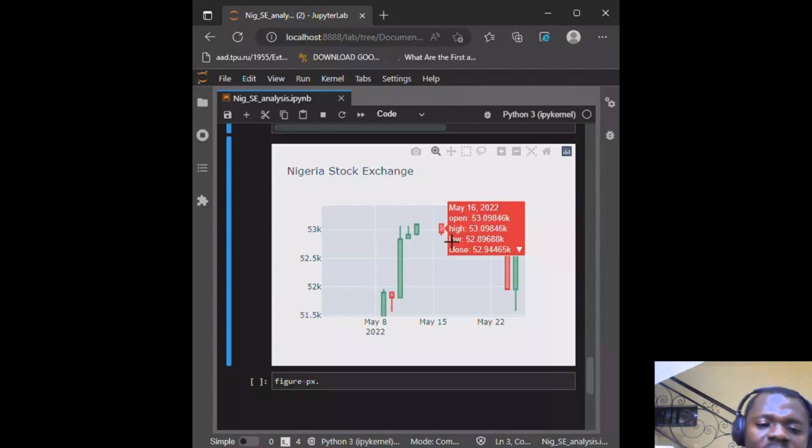So that's for the green. For the red, it signifies that it opened high and closed low, right? So it's a bearish outcome.